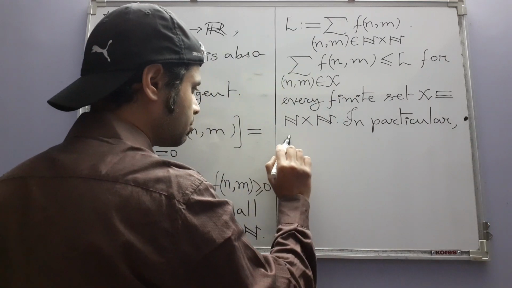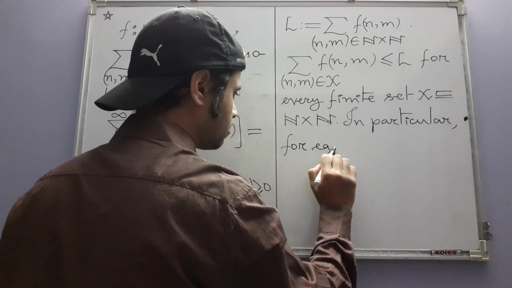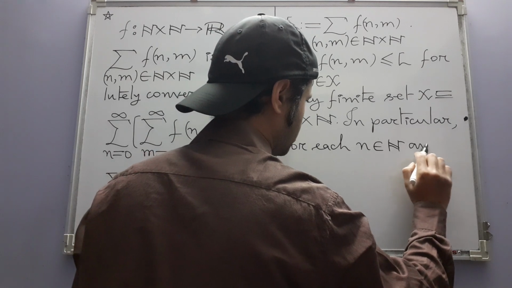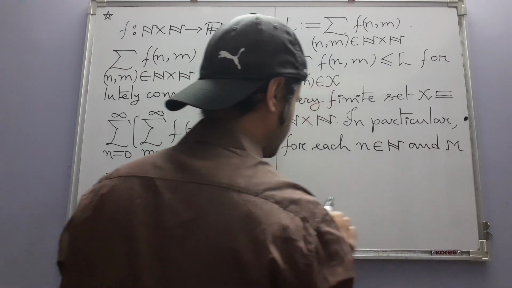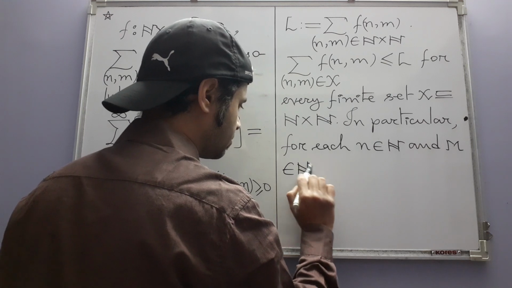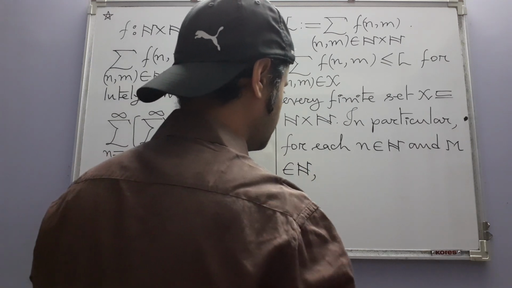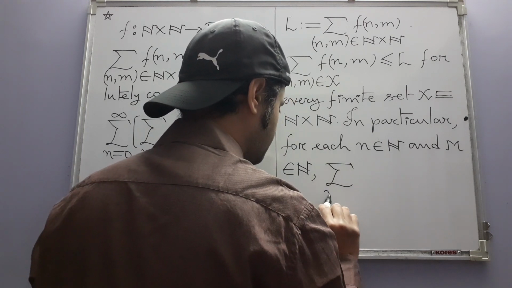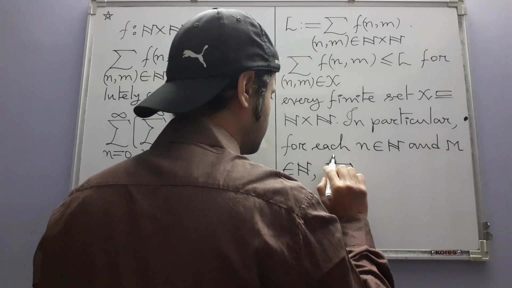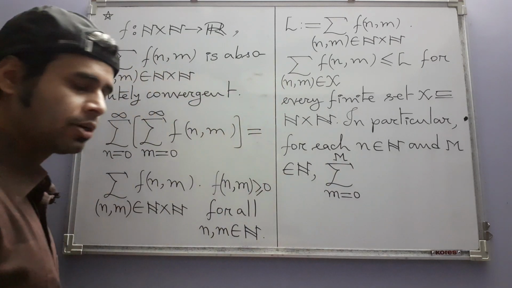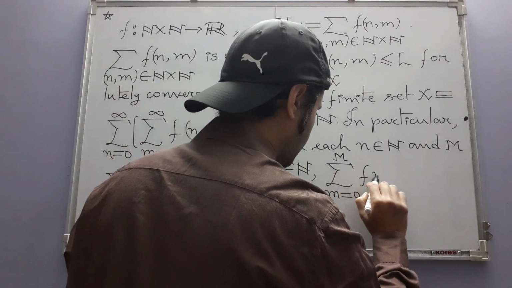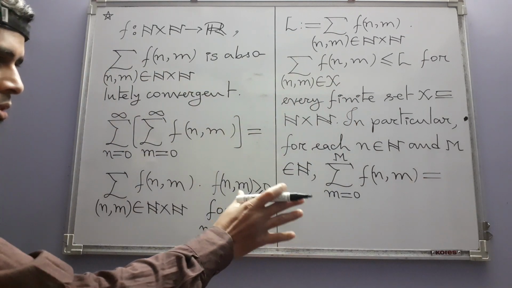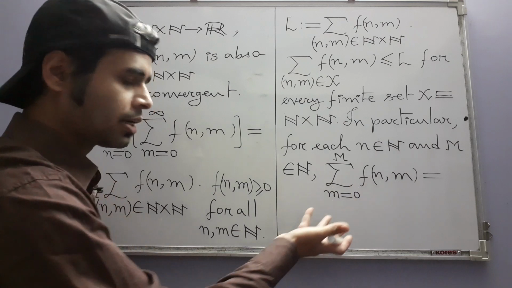In particular, for each natural number n and also each natural number capital M, we have this thing: the summation for m equal to 0 to capital M of f of n comma m is, of course, a finite series, as you can see.